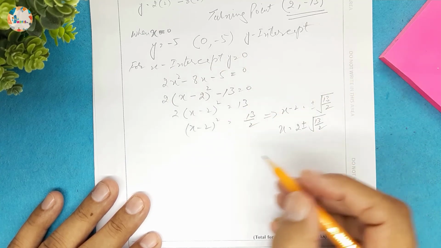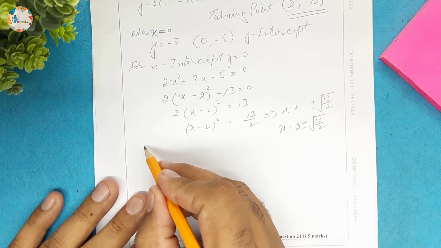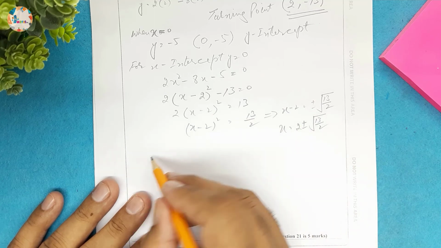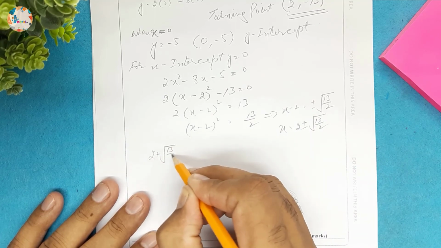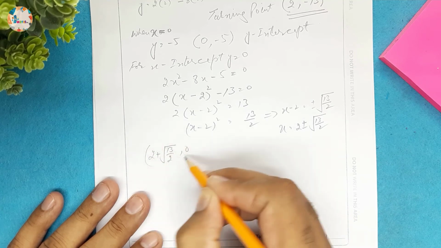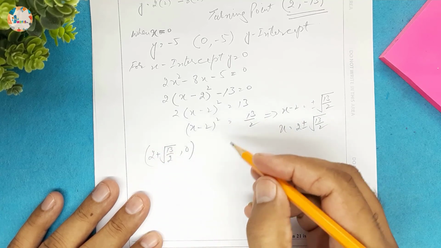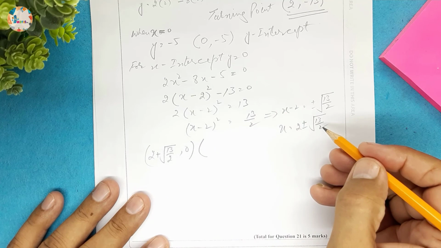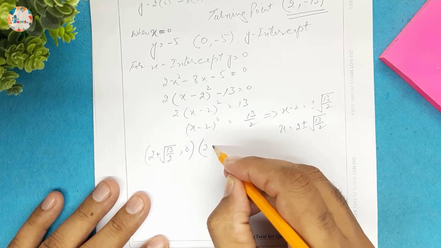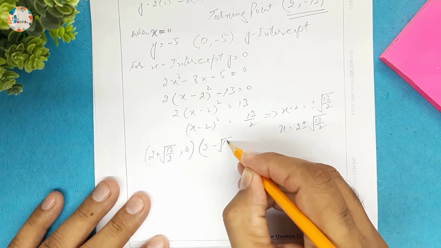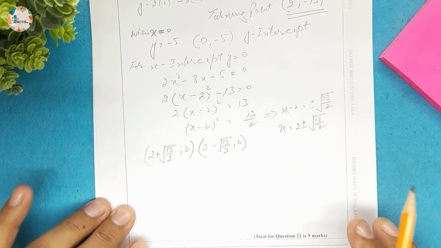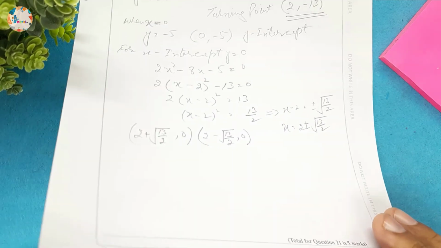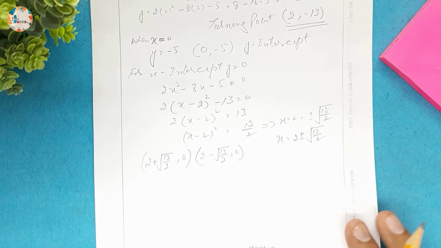So our x-intercept points will be basically 2 plus root of 13 by 2 and 0. This will be 1 point, and the second point will be 2 minus root of 13 over 2 and 0. These two will be the x-intercepts. Now we have to basically sketch the graph.